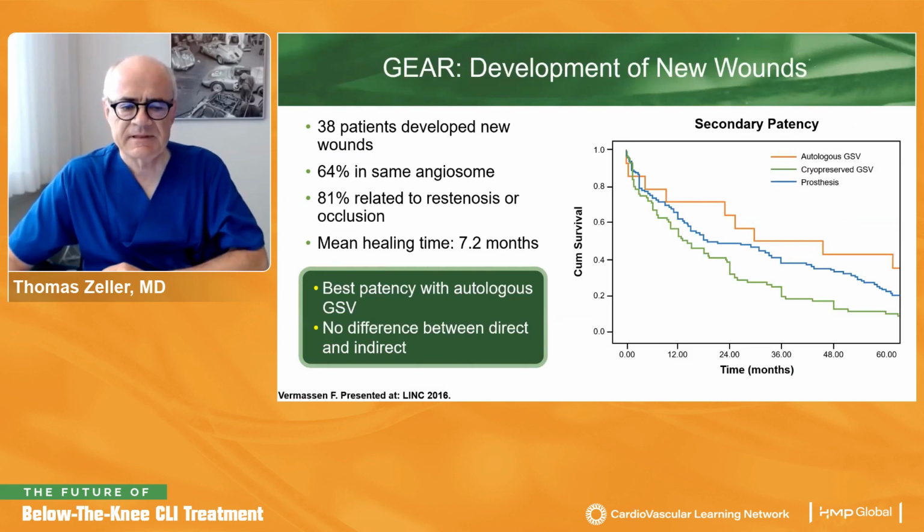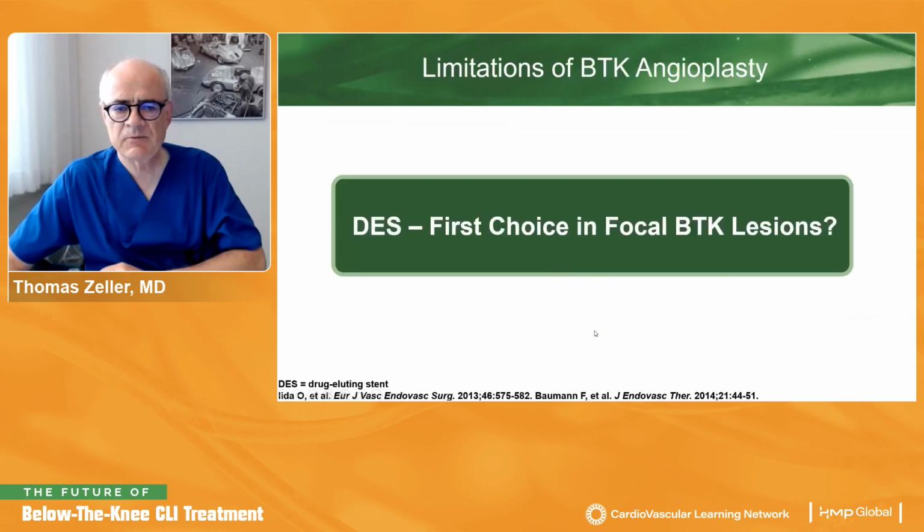From the same study, the development of new wounds was related to restenosis or reocclusion development in the same angiosome. And the best patency again was achieved with venous bypass conduit, which had the lowest redevelopment of wounds over a mean follow-up time of 7 months.